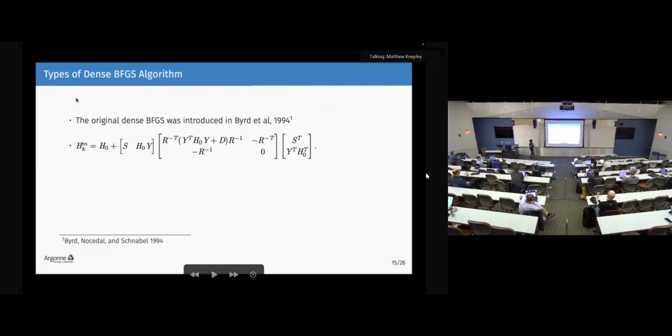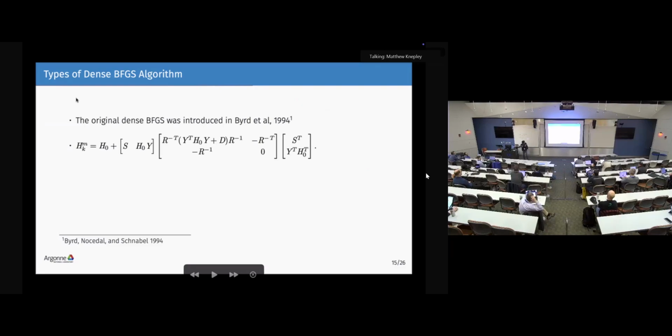One thing to note here is, how many H0 are there? There are 1, 2, 3, and 4. And there is Y^T H0 Y. So you can see that if your H0 is something other than identity, then there is additional work that needs to be done.